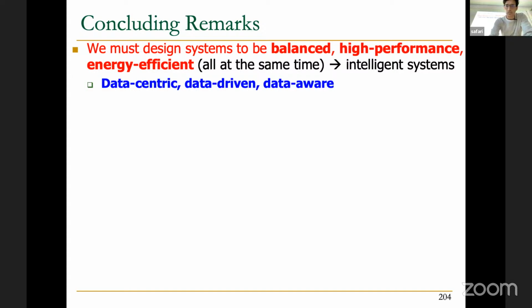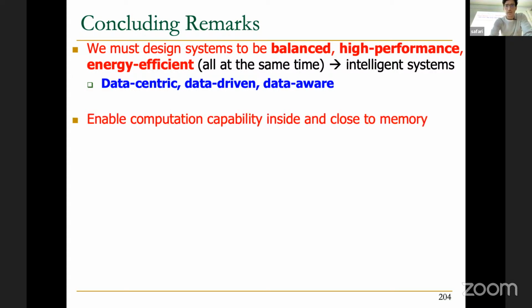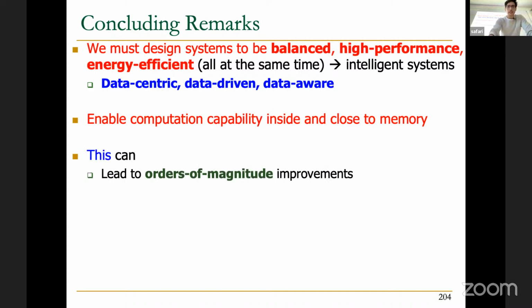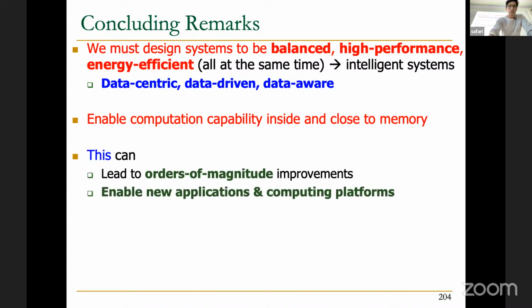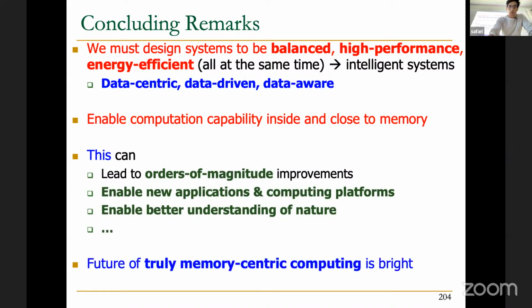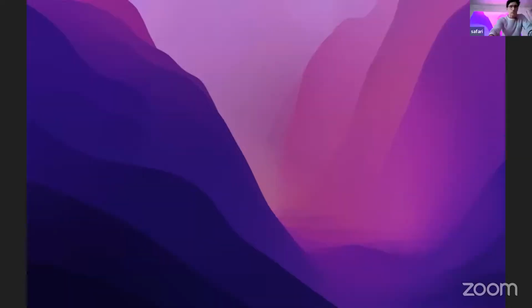These are intelligent systems that are data-centric, data-driven, and data-aware, that enable computation inside memory or close to the memory or using the memory, and this can lead to a lot of performance improvement, energy savings, and enable new applications and new compute platforms, and even enable a better understanding of nature and many more things. So the future is bright for truly memory-centric computing systems.